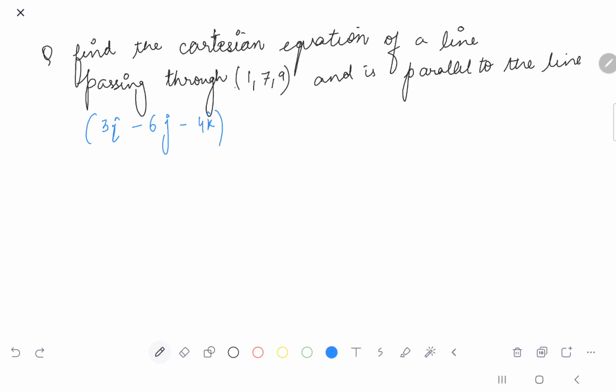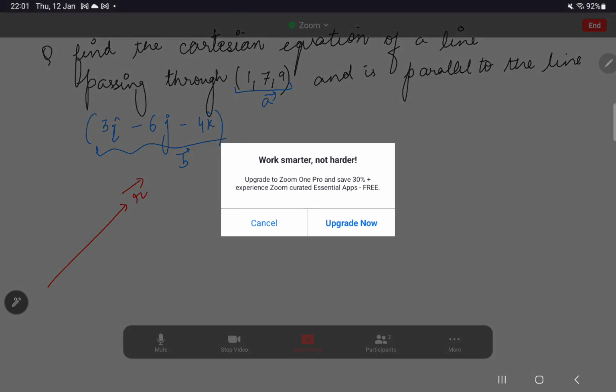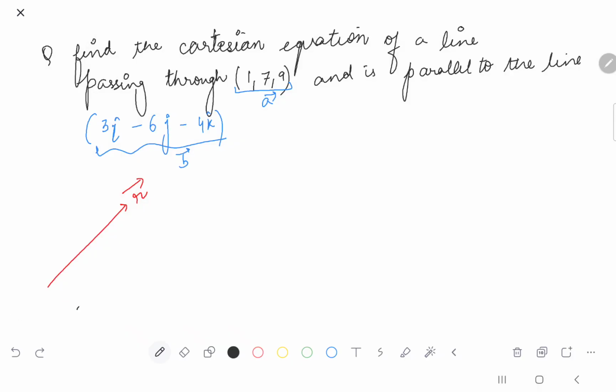So this is my point A, and this is my B. So how do I draw the diagram? Let us suppose I have to find the equation of line R. And this line R is actually parallel to the B vector, isn't it?